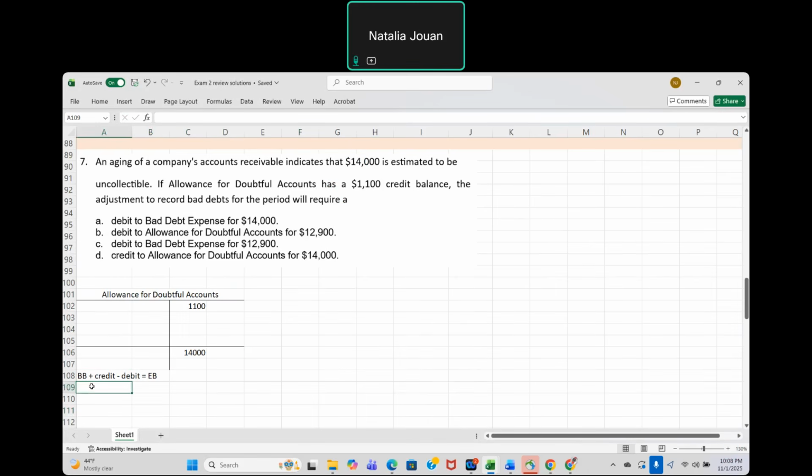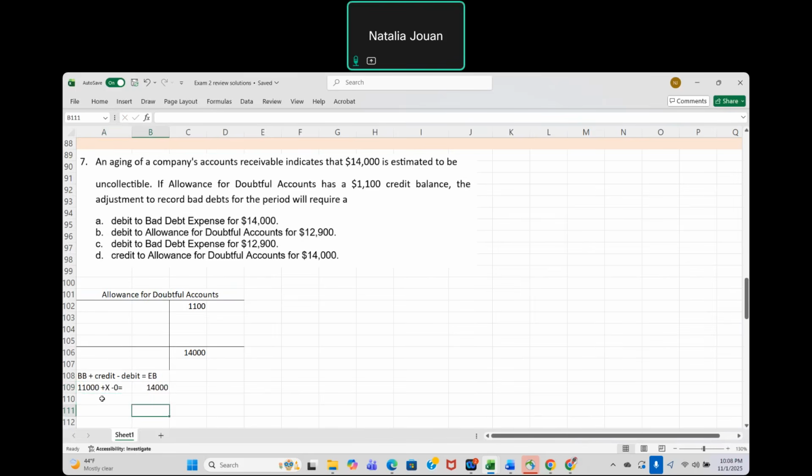We have a beginning balance of 1,100. Plus X minus 0. We don't have anything on the debit side. Equals 14,000. So we can solve for X.